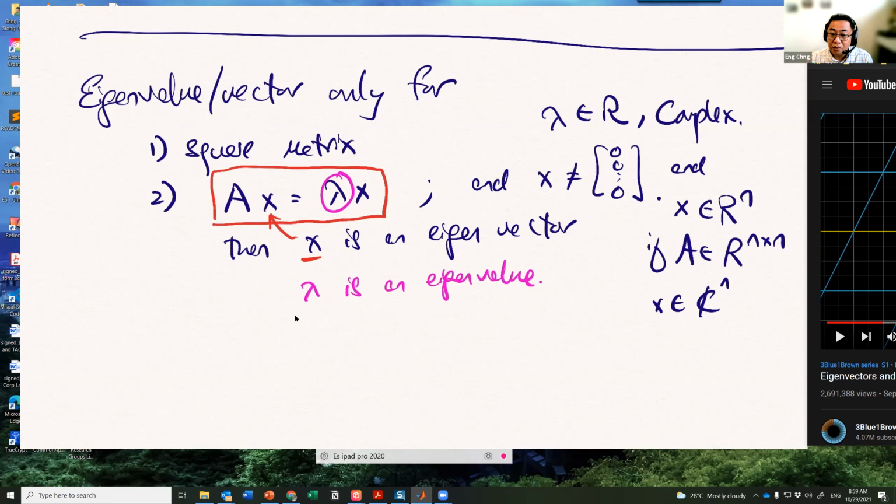Okay, so that's all. We are given A, that's what we are starting with. And if this equation holds and X must not be 0, then we have just found ourselves the eigenvector and eigenvalue. Right? How many eigenvectors and eigenvalues are there?